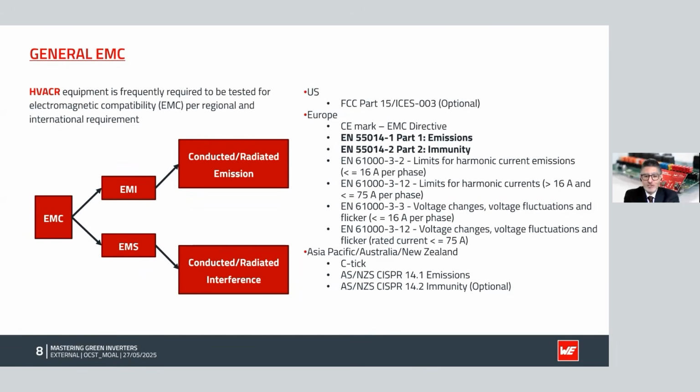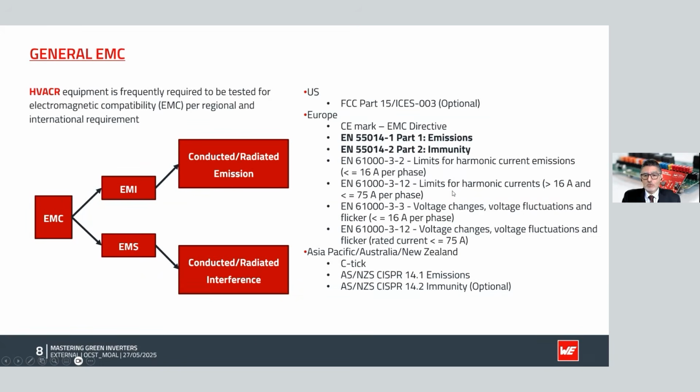But in general, from an emissions point of view, which is the work that we have done on this board, we have followed the CISPR 14 part 1 as our guide for measuring conducted emissions from this board. There were other tests as well that were performed, I believe, on this board, which are associated with harmonic content, basically, which is the EN 61000-3-2. Now that would be the applicable one because it's less than 16 amps.